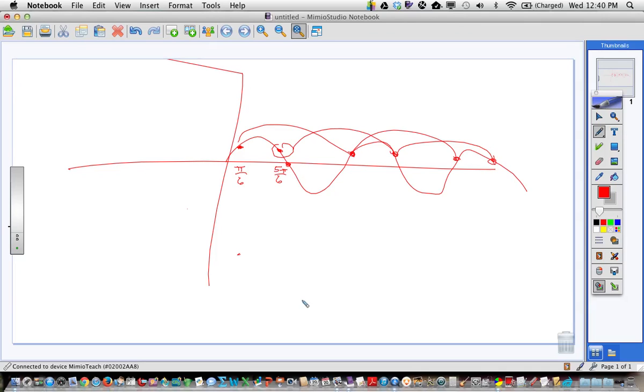So probably the trig ones are the ones we need to work on the most. All right, I will scan this and I will post it online under the documents and under today's notes. So if you want to look at that.